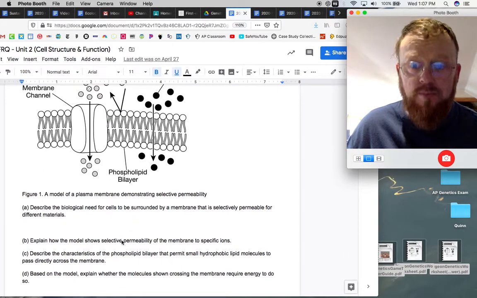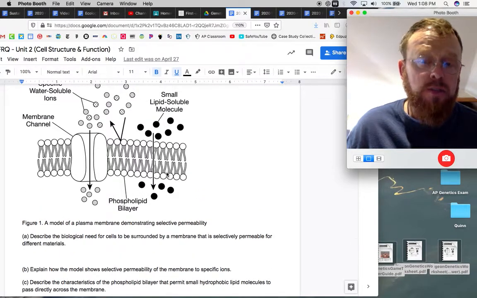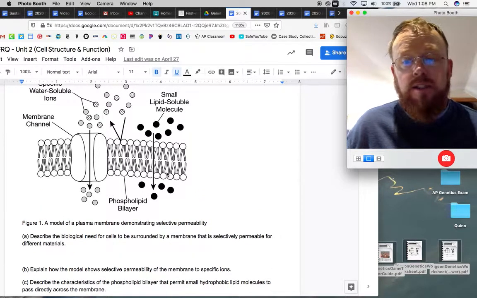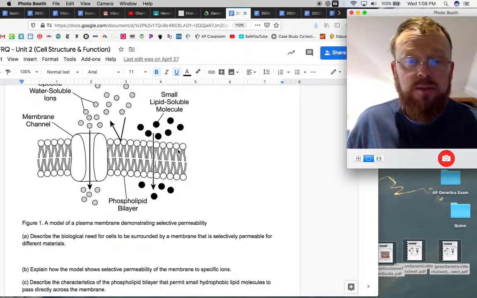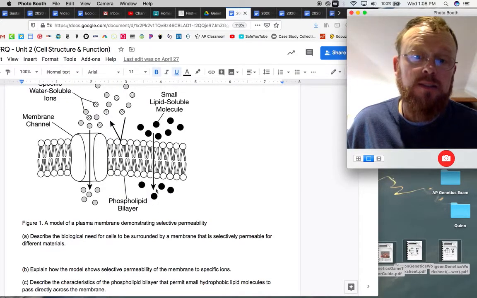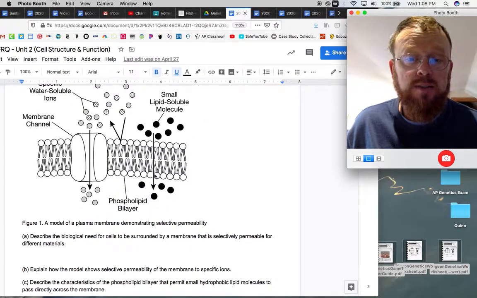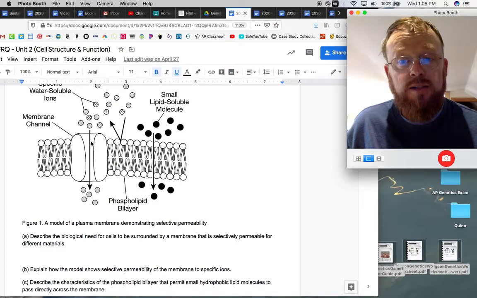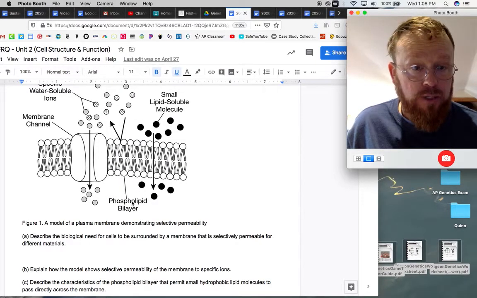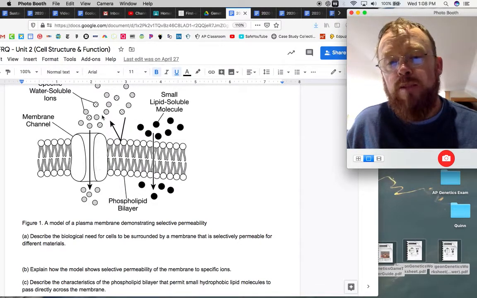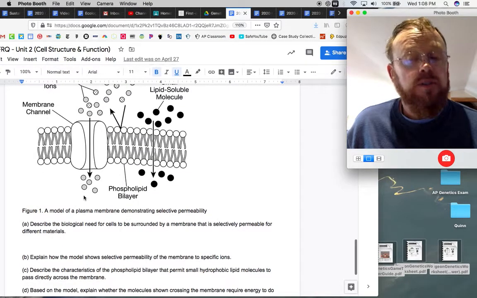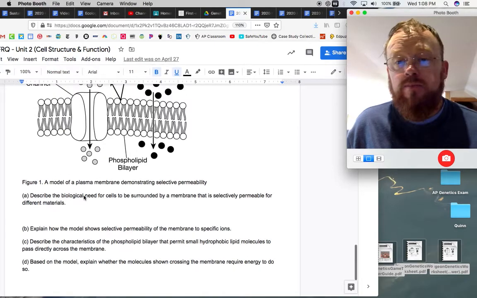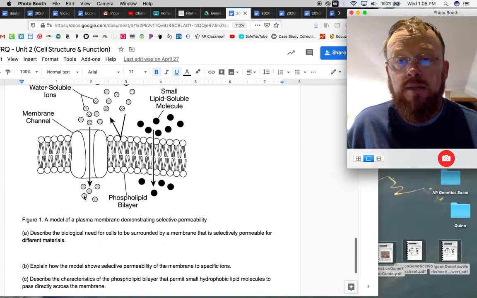So selective permeability means some molecules shall pass, some molecules shall not pass. So it's showing us that the small nonpolar ones can pass through there, whereas these polar molecules cannot pass through the phospholipid bilayer, but need a carrier protein, or a transport protein to move from one side of the membrane to the other.